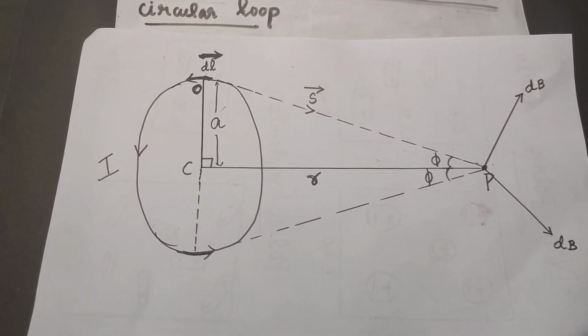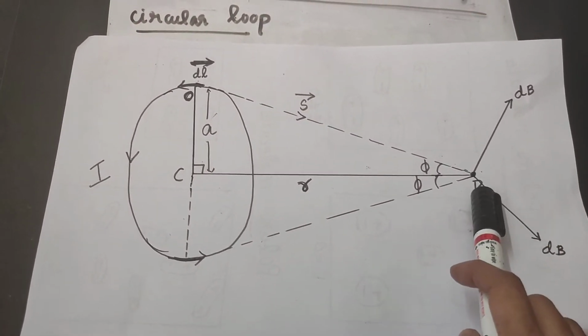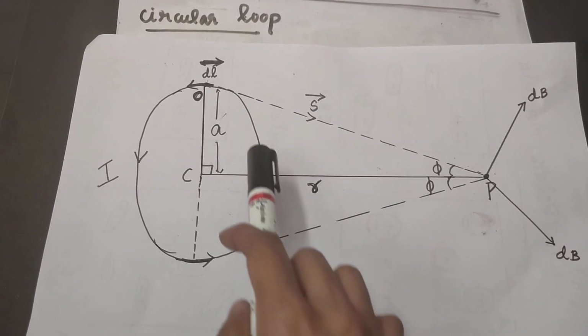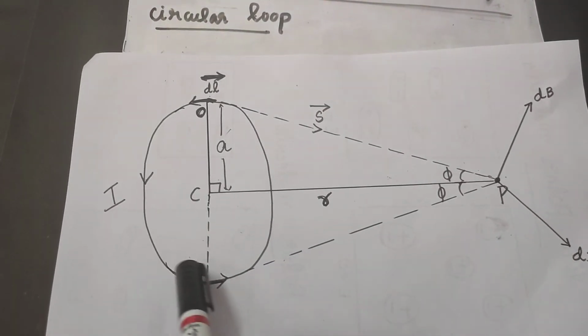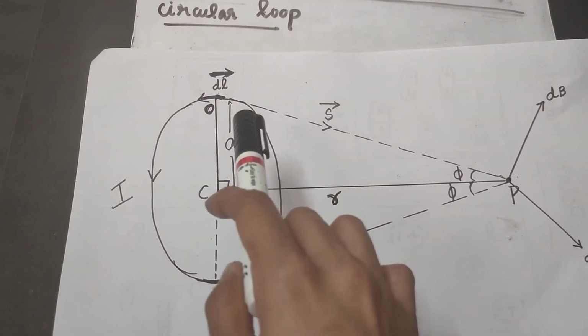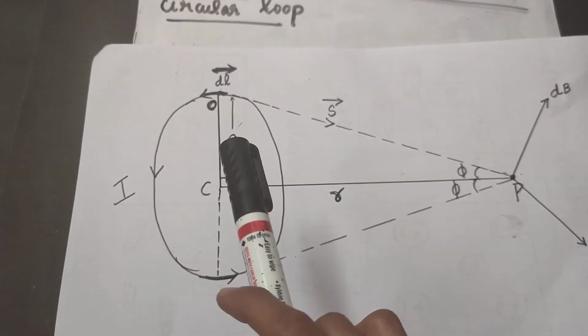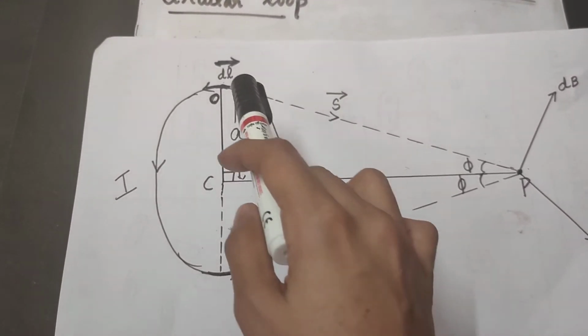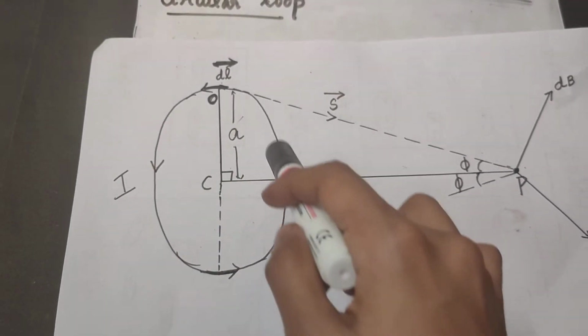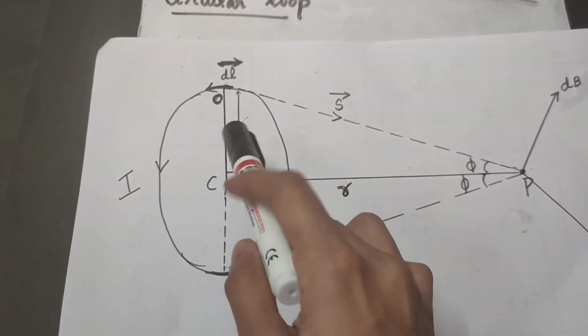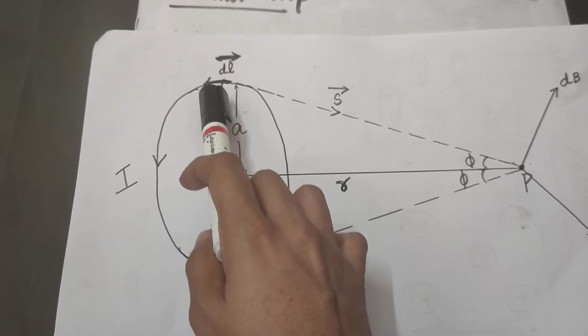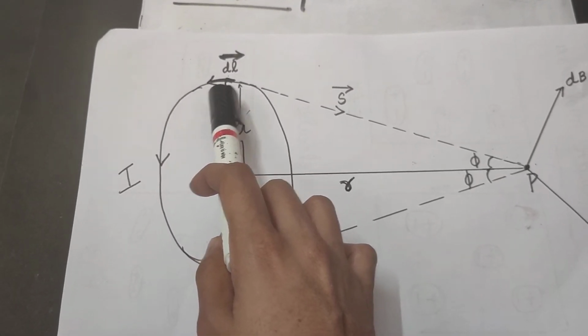Here, to find the magnetic field at the point P, we assume that this circular loop is divided into small segments. We call those segments current elements. We divide the circular loop into small current elements, and dl is one of the current elements.